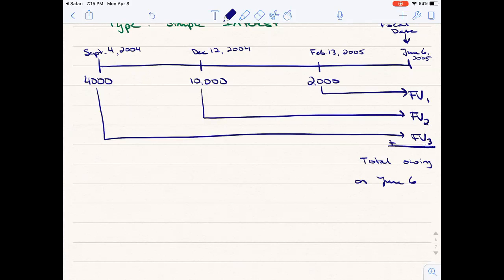For simple interest, we said we're going to put the time on each of these arrows. We have to figure out the time, so the length of each arrow. So I'll call this one time 1, time 2, and time 3, just to match the future values.